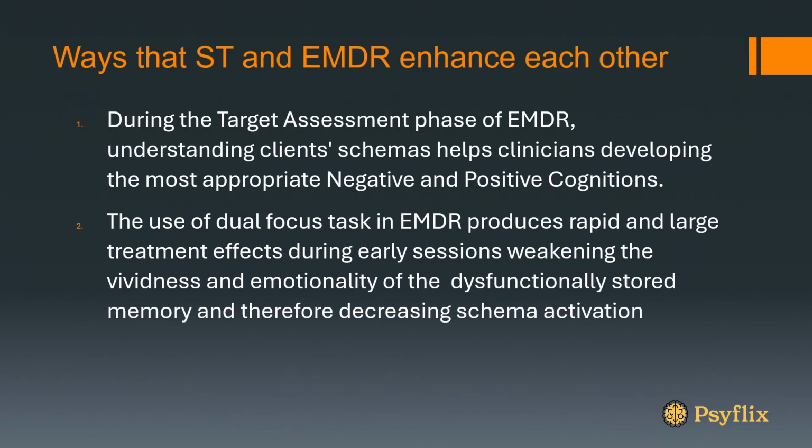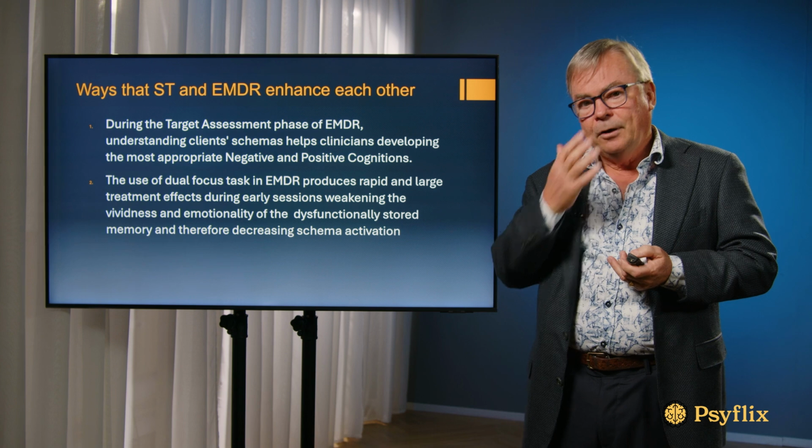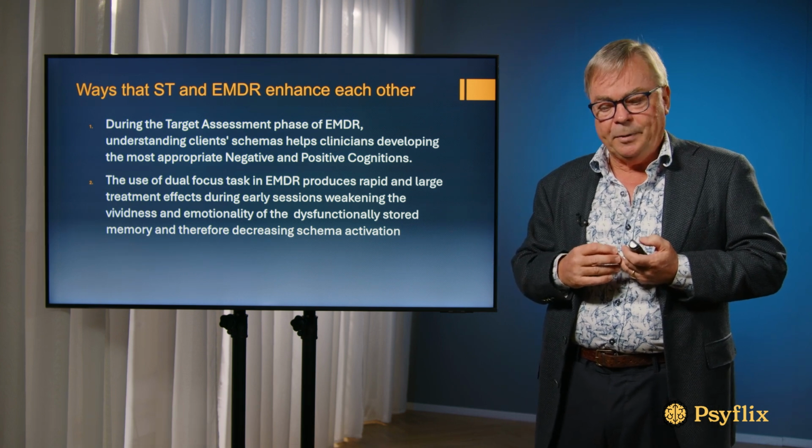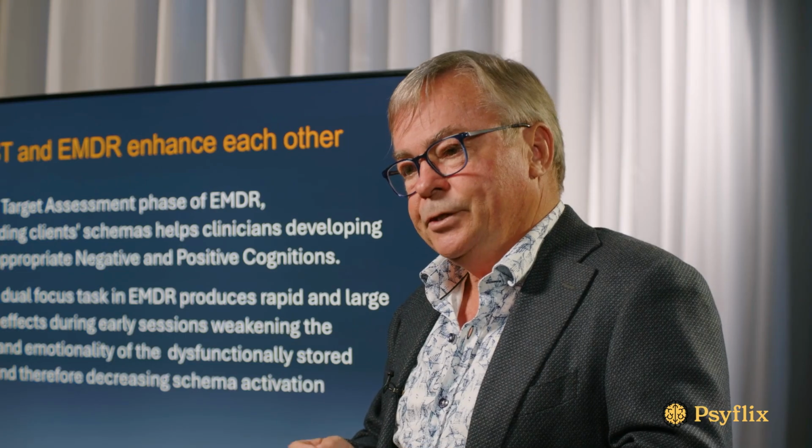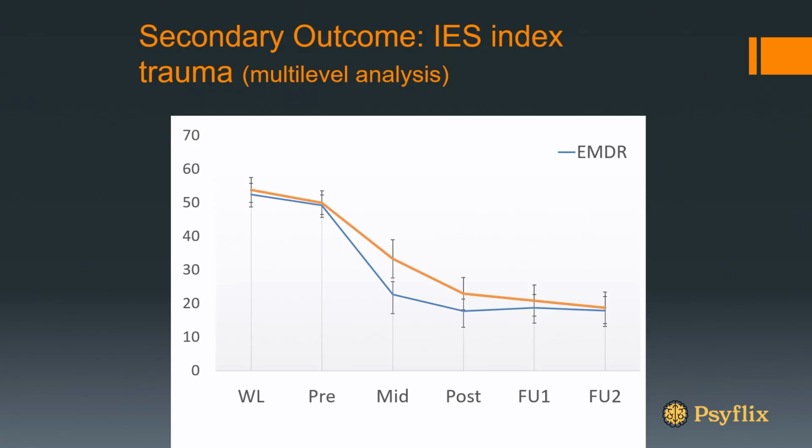The second thing I want to say about the integration between the two techniques is that EMDR is fantastic for producing quick change in the emotionality and the vividness of the memory that the therapist targets. Let me just give you some data about that.